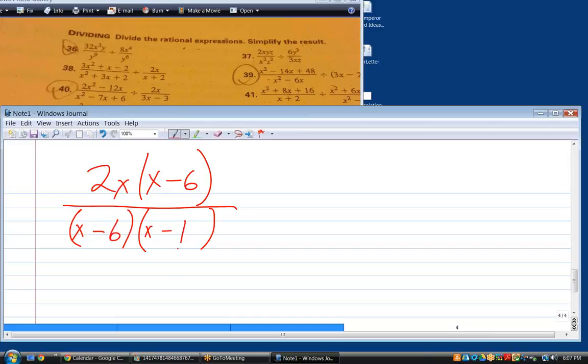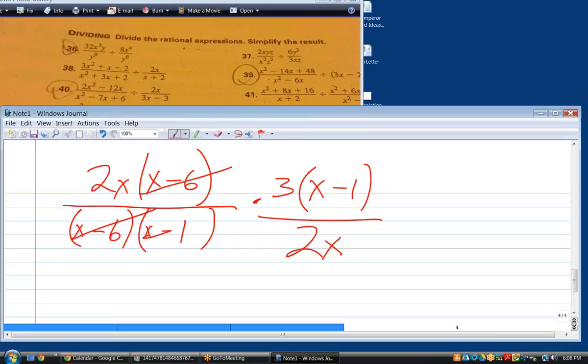Yeah. And then I'm going to multiply it by, factor out something from that, 3. So factor out the 3. x minus 3, or x minus 1. Okay. And 2x. Okay. And now it's just a question of always crossing out what you can cross out, which is almost everything here. So the answer's just 3.